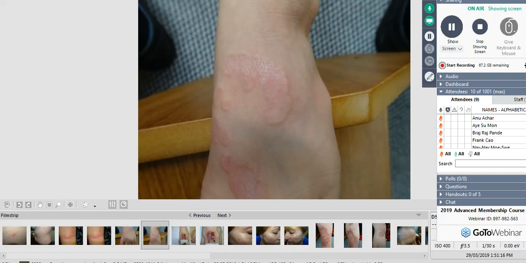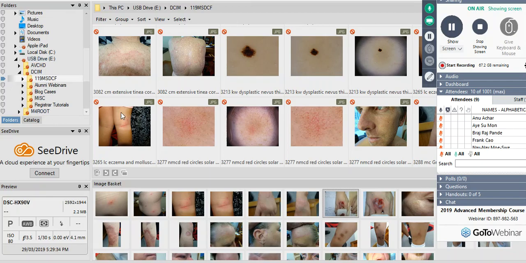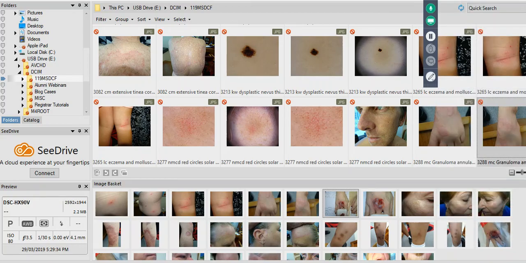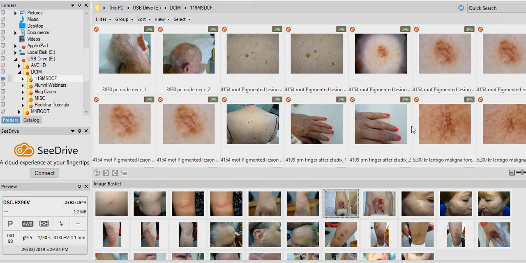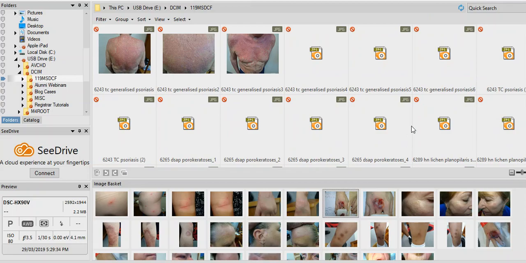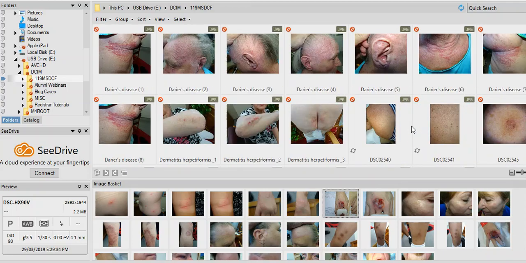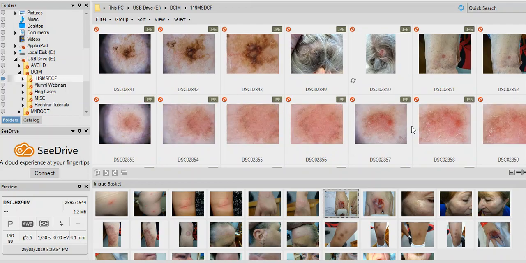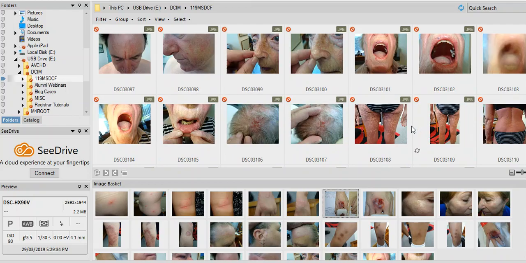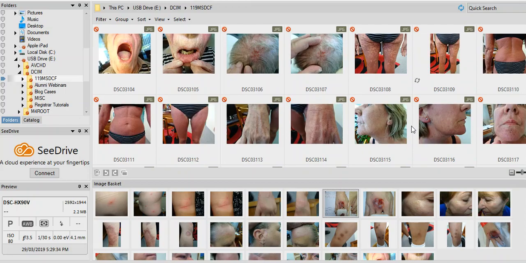Let me try and get the other cases I wanted to show you. There's just a couple of them. Okay, I'll just show you them here.